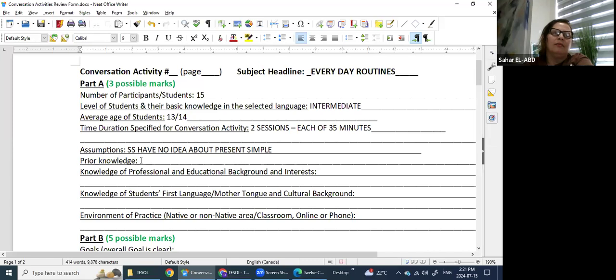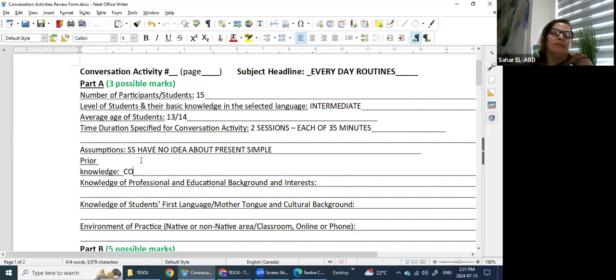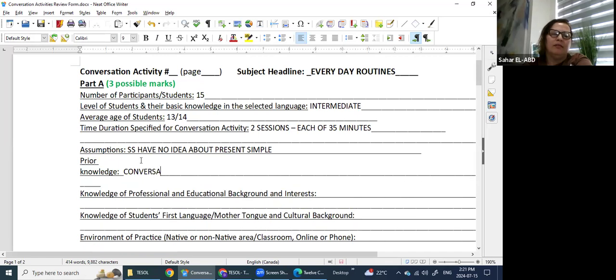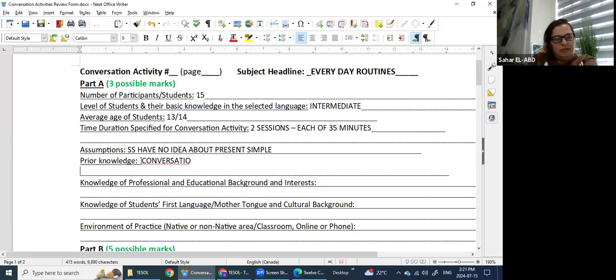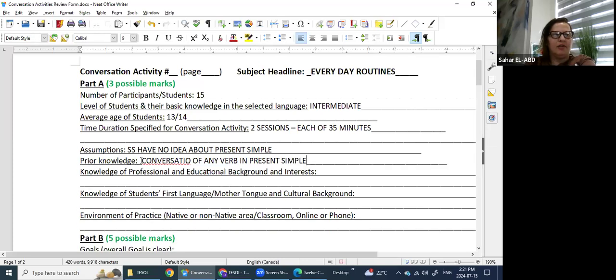Conjugation of any verb. Present simple. Or maybe we can say first and second, first and third person singular form of the verb.